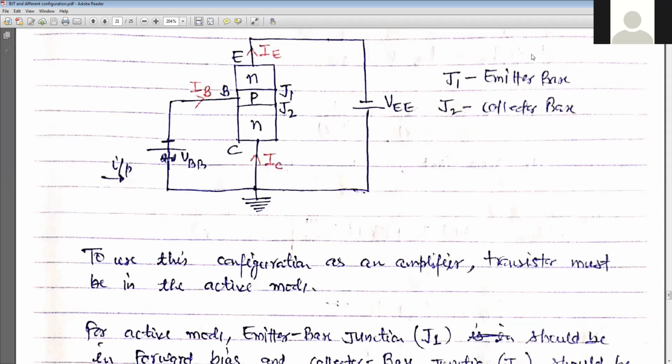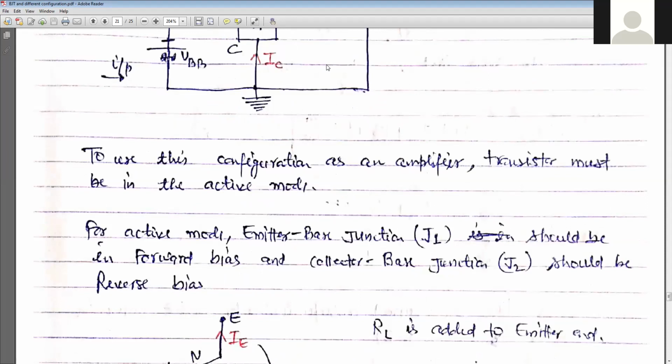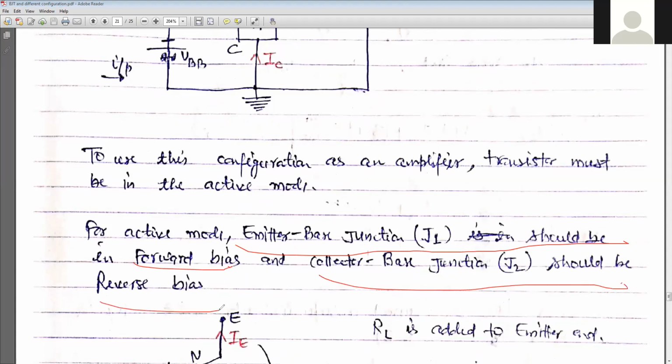For active mode, the emitter base junction J1 should be forward biased, and the collector base junction J2 should be reverse biased. From the last four lectures, I'm saying the same thing: emitter base is forward, collector base is reverse.